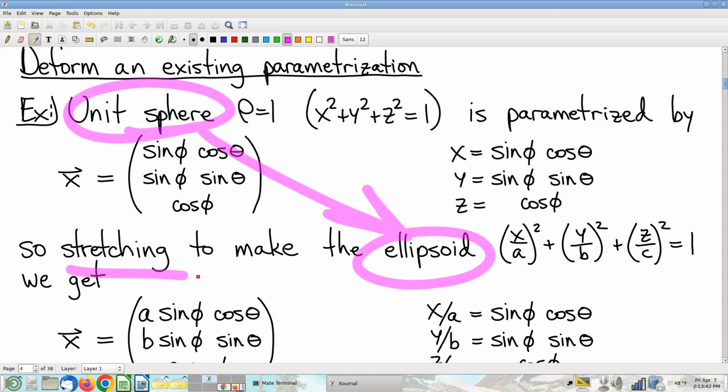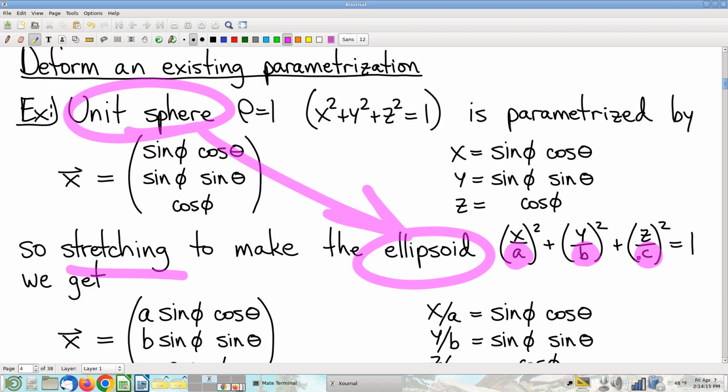So, for example, notice here, given the equation of my ellipsoid, you can see right here in the denominators, and think back to chapter 2, where we talked about how to interpret stretches algebraically. These denominators of A, B, and C tell me that where this ellipsoid comes from is that I started with the unit sphere, and then I stretched by a factor of A in the x direction, stretched by a factor of B in the y direction, and C in the z direction.